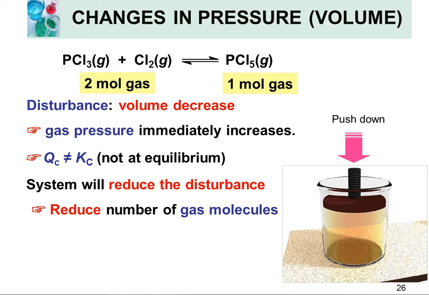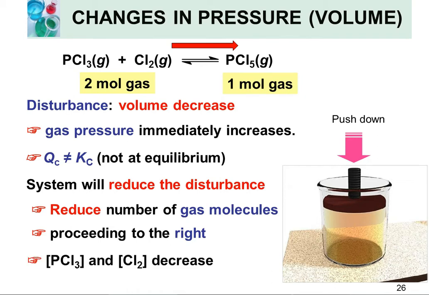So in this state, the system is not at equilibrium, Qc not equal to Kc. So the system will reduce the disturbance by reducing the number of gas molecules. The system will proceed to the right, making the concentrations of PCl3 and Cl2 decrease and the concentration of PCl5 increase.